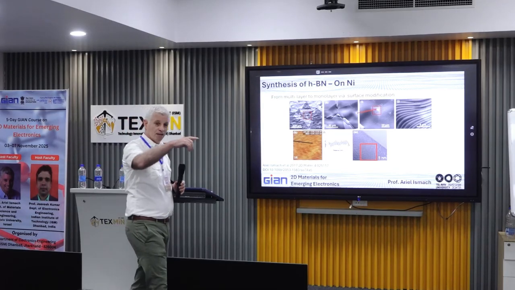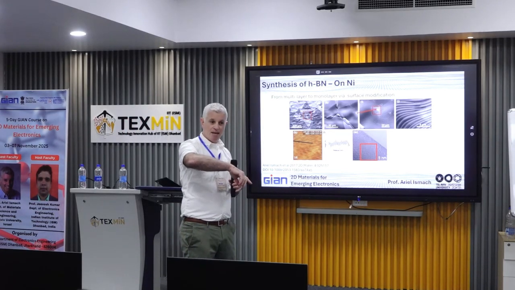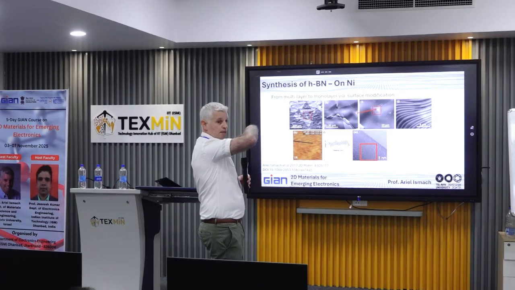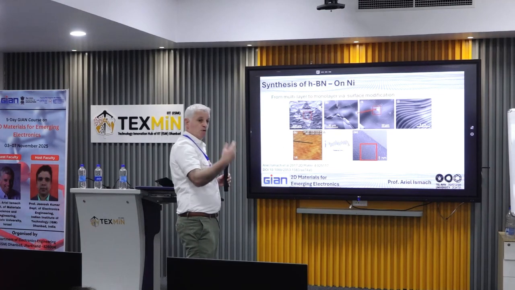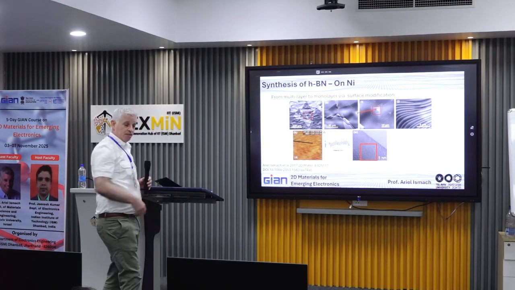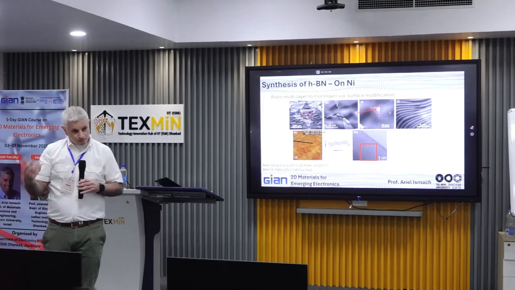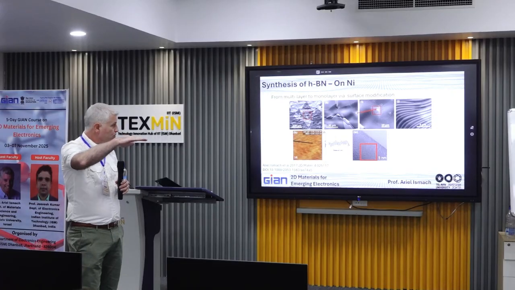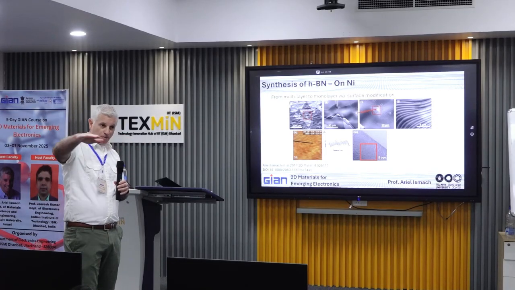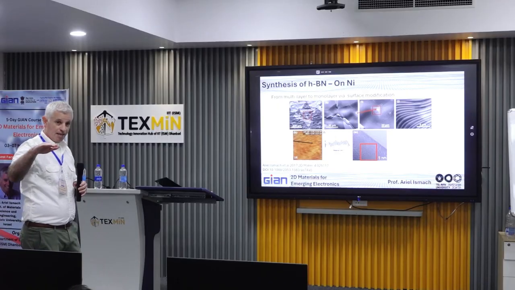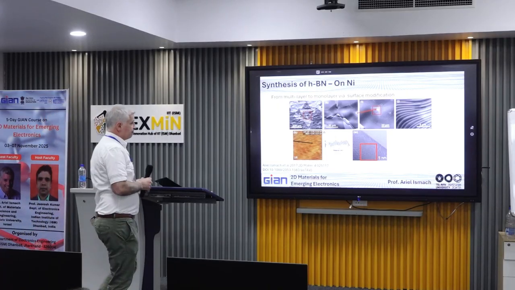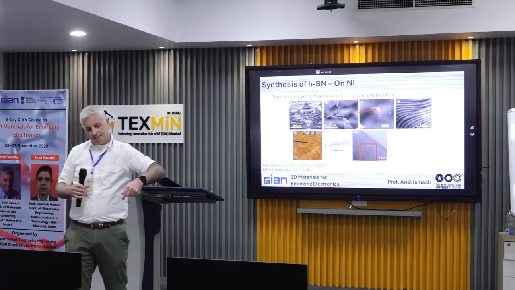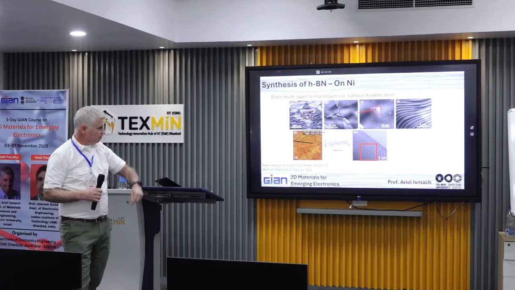Remember the Ellingham diagrams? The boron oxide is quite low, nickel oxide quite high, meaning that the boron oxide is more stable than the nickel oxide, and therefore the boron can reduce the nickel oxide, forming a boron oxide layer on top of the nickel. And this boron oxide layer inhibits the dissolution of the boron and nitrogen species into the metal.